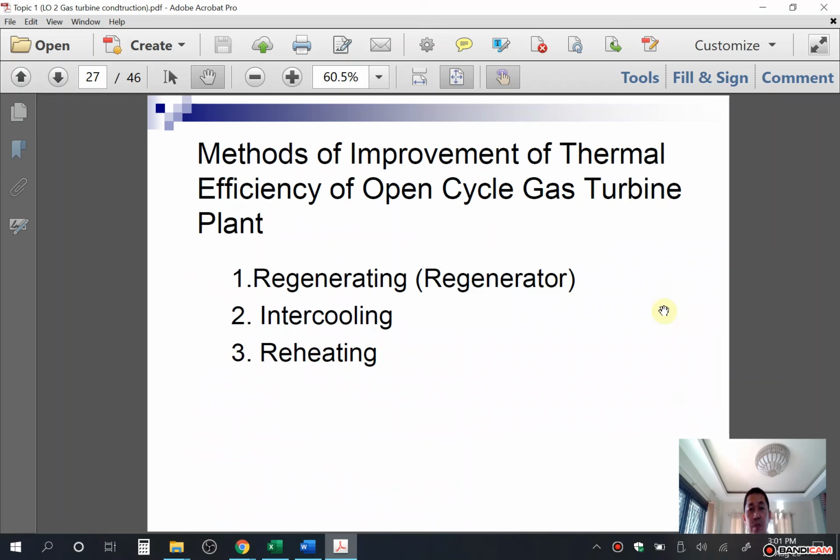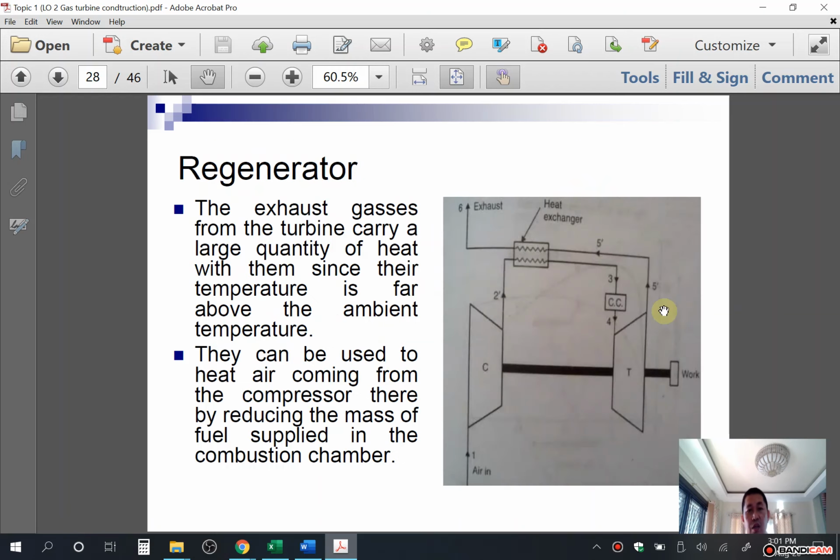So methods of improvement of thermal efficiency of open cycle gas turbine plant: regenerating, intercooling, and reheating. So here, this is the regenerator. Exhaust gas from the turbine carries a large quantity of heat with it, since the temperature is far above the ambient temperature.